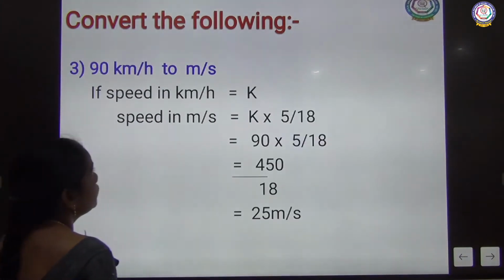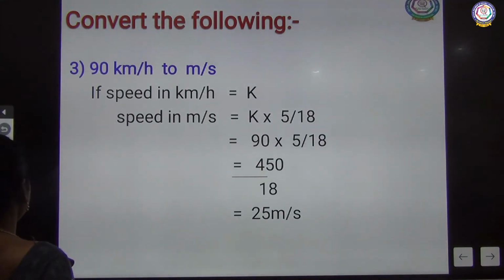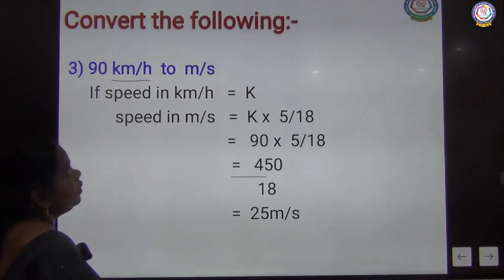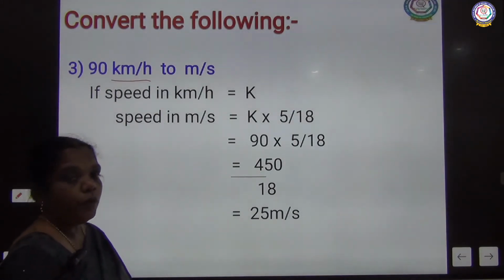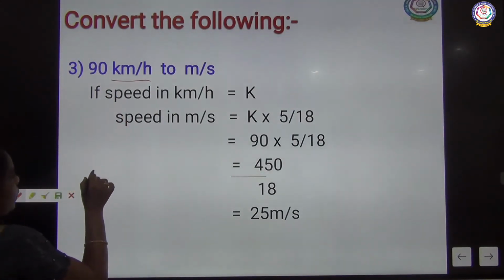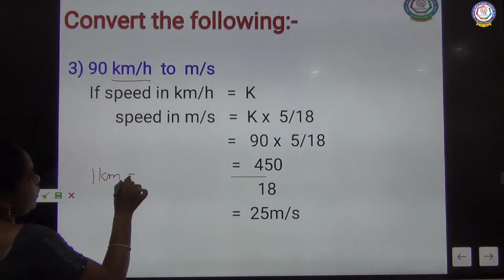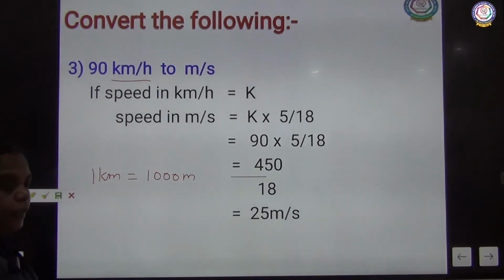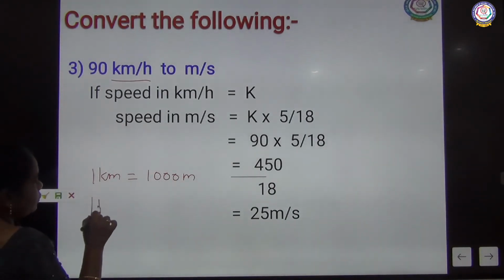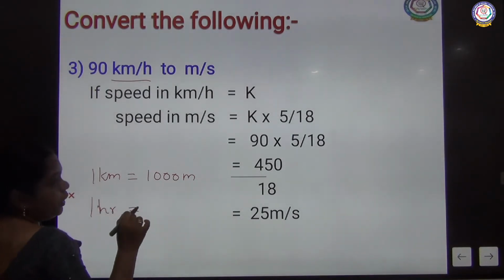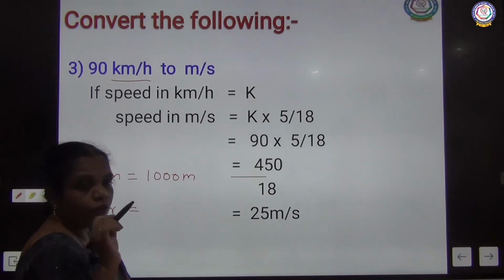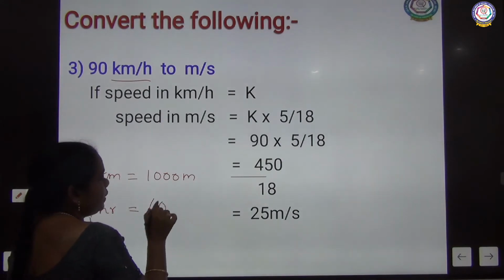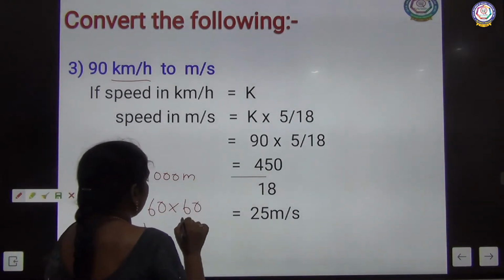And next we are going to convert kilometer per hour into meter per second. First you want to convert this. 1 kilometer equals 1000 meters, and 1 hour equals, as you already know, 60 seconds equal 1 minute and 60 minutes equal 1 hour, so you have to multiply 60 into 60.